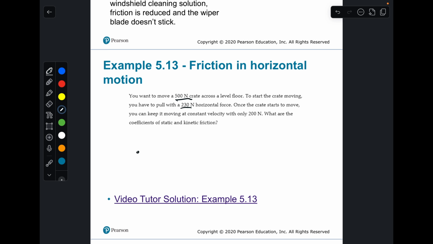So let's draw the free body diagram in situation 1. We have the normal force and the weight, and then we have this push force or pull force of 230 newtons. And then we have our static friction because we are not in motion yet.